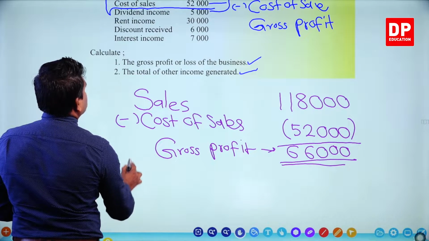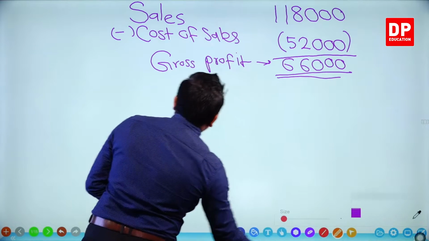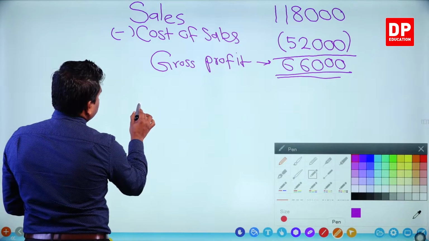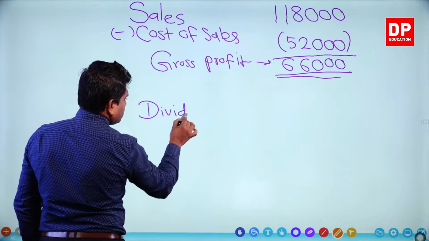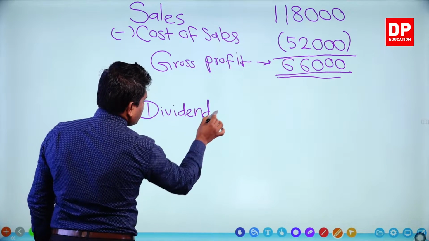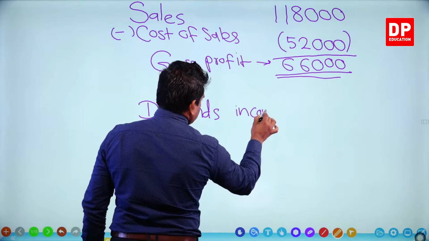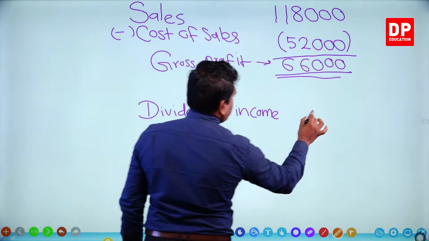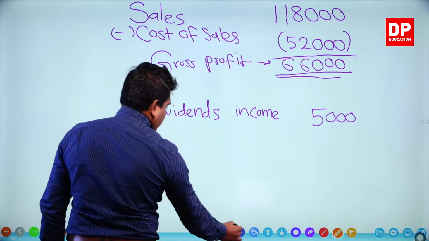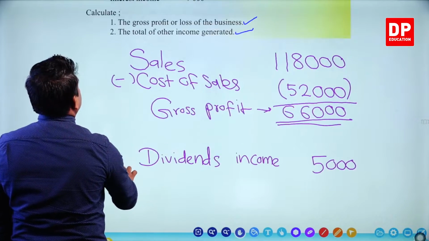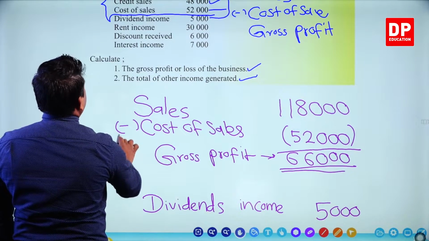Dividends income 5,000. Okay. What's the next one? We'll see. Rent income 30,000.